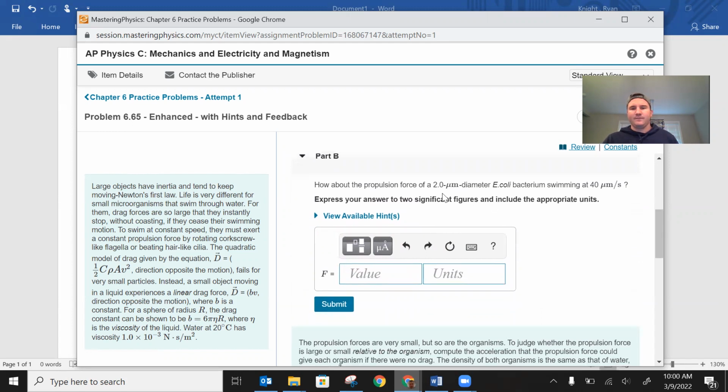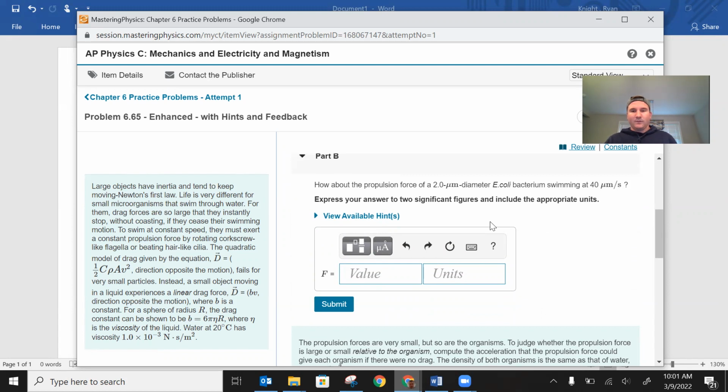I could probably just do it in my calculator right here. 6 times pi times eta, which is 1 times 10 to the negative third, times the radius, 1.0 times 10 to the negative sixth, because that's half the diameter.